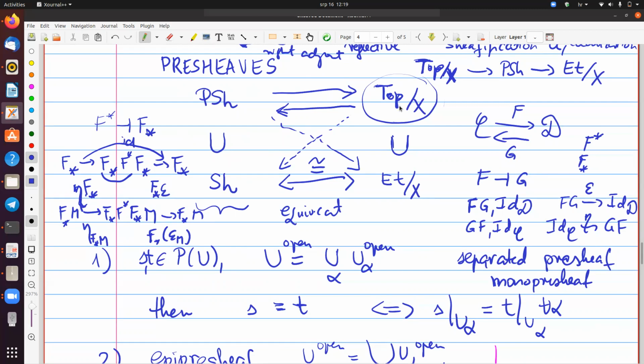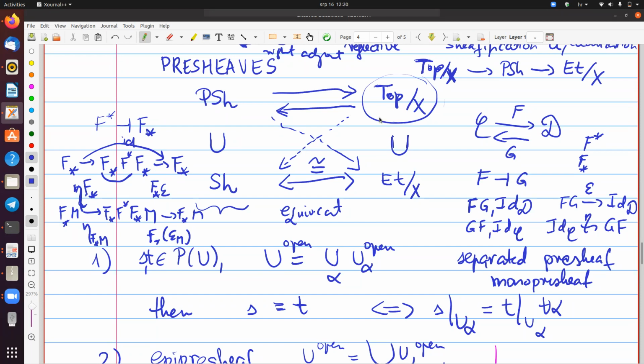Then you consider a section through that point, such that this point is in the image. But then you look at various sections through that point, and you look at their germ. So what's the relation between this germ and the original point?